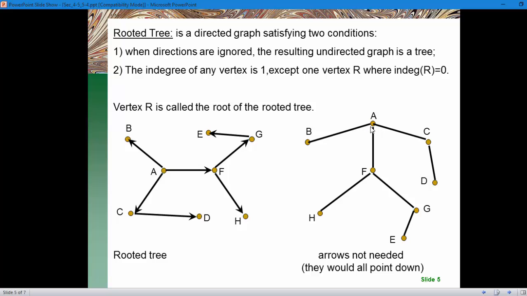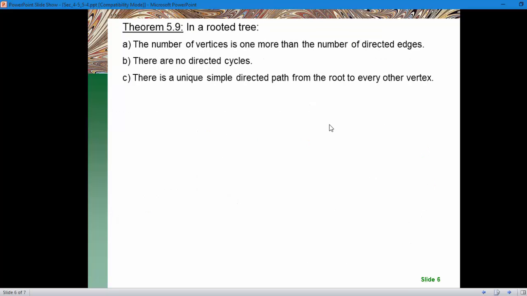If we assume this, then we don't need the arrows. In this format, you're able to see clearly that A is a root. If you look at the graph here, you can go from A to any other vertex, so A is the root.